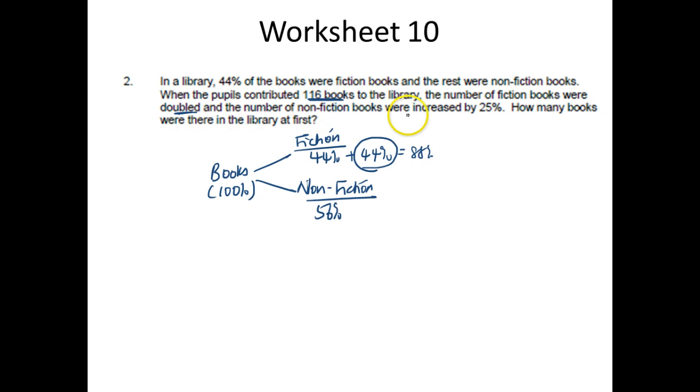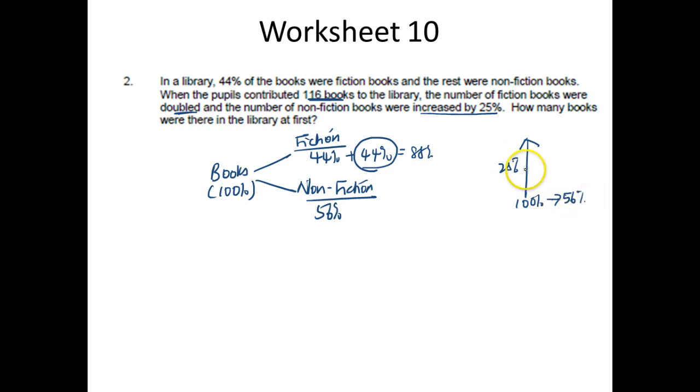And the number of non-fiction books were increased by 25%. So the non-fiction book, there is an increase by 25%. Okay, so at first was 100%. 100% is your 56 books.